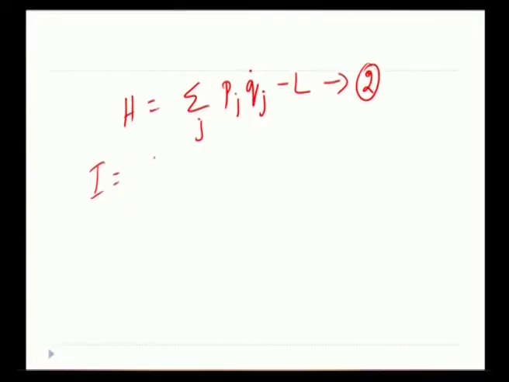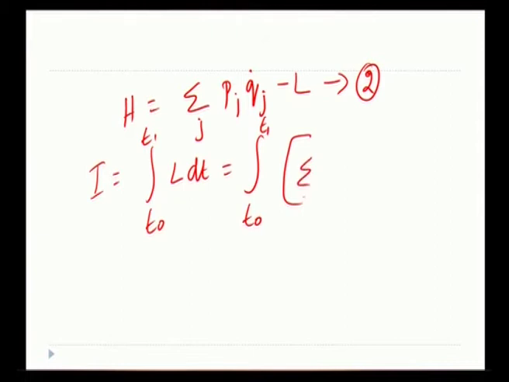Replacing L in equation 1 by equation 2, we have the action in mechanics as I is equal to integration between t0 to t1 L dt is equal to integration between t0 to t1 of summation over j pj q dot j minus H into dt.